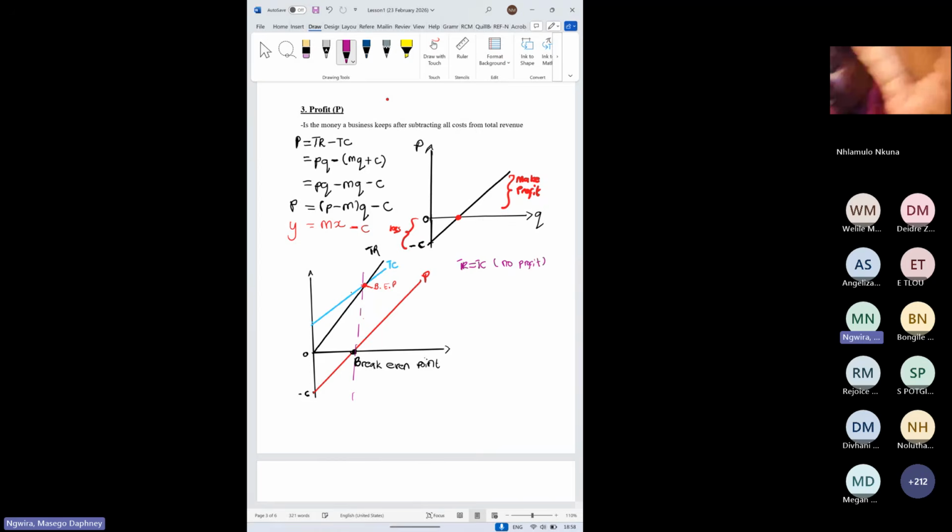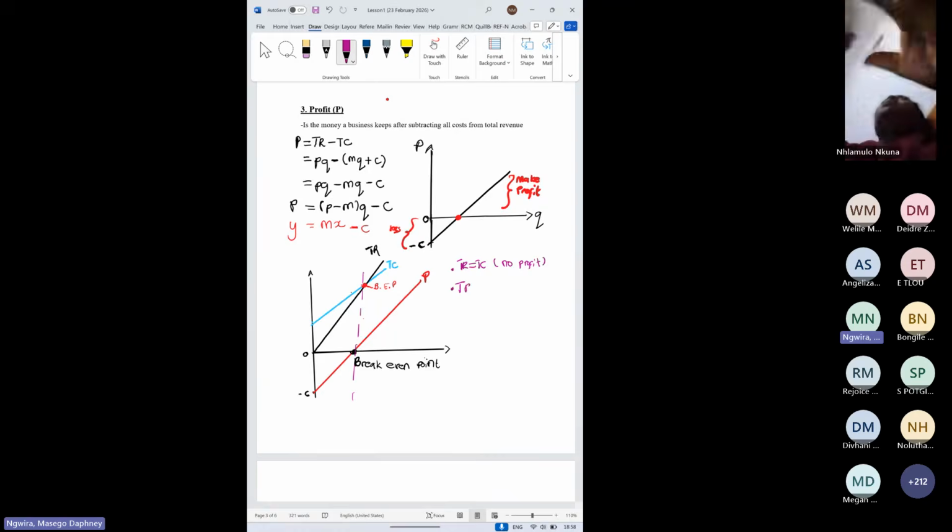And then we said that if your total revenue is greater than total cost, the company makes profit. So remember this, I'm explaining this graphically. We're also going to do it with the calculations.